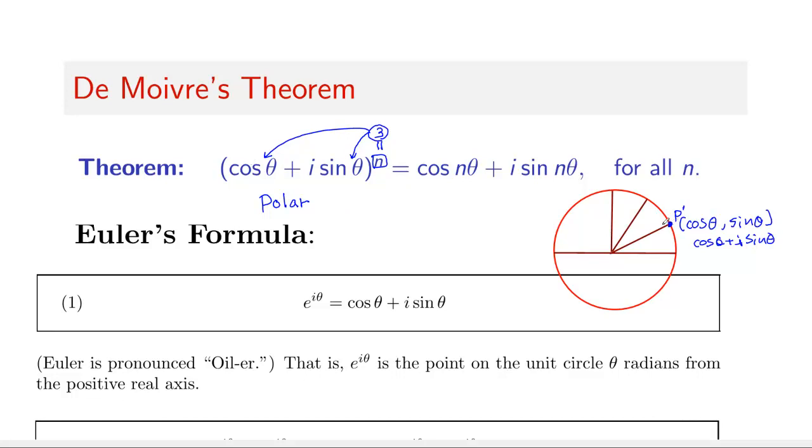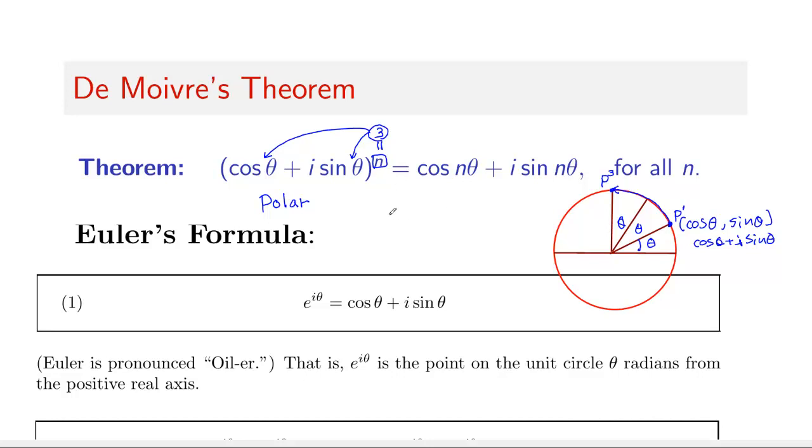This is the original point P1 over here, but now it goes to a new point on the same unit circle. That is the new point, with 3 times the angle. The angle moved counterclockwise from zero, so this point is moved over here. That is De Moivre's theorem.